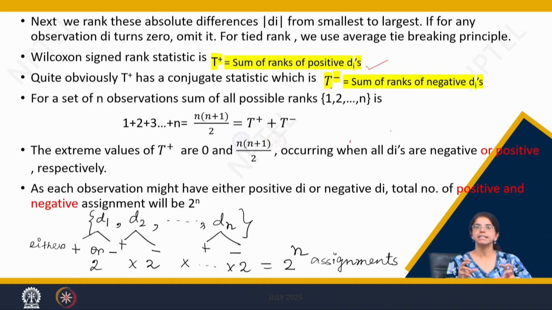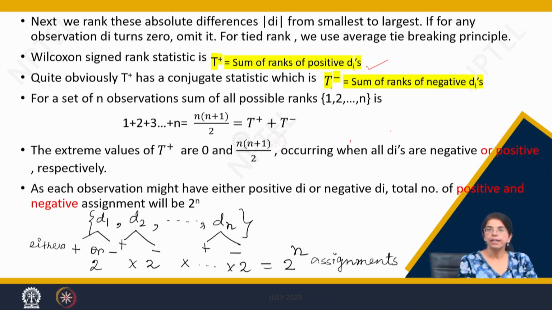Either T plus can be 0, or T plus can take the case where all of the observations are positive. Therefore the maximum value of T plus can be n into n plus 1 by 2. Each observation might have either a positive di or a negative di. That means the total number of positive and negative assignments will be 2 to the power n.